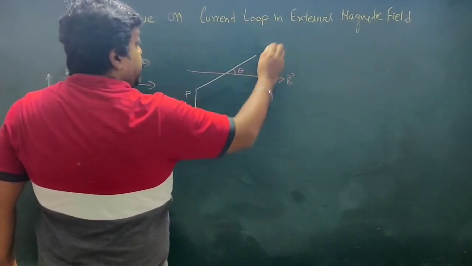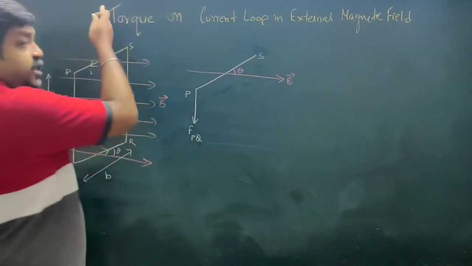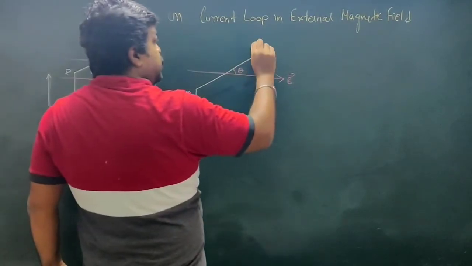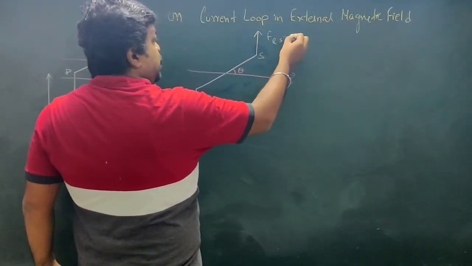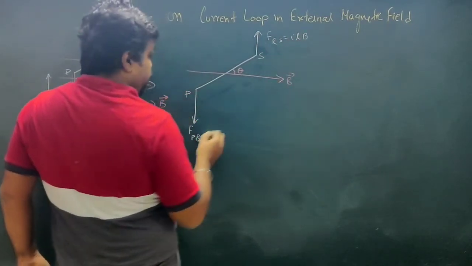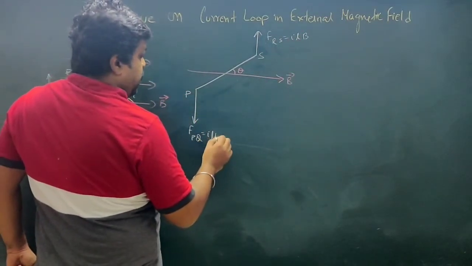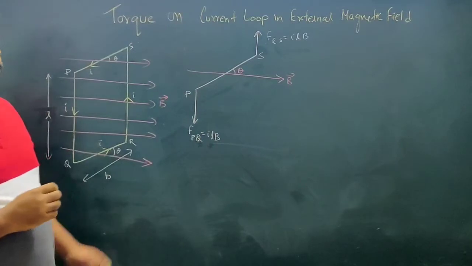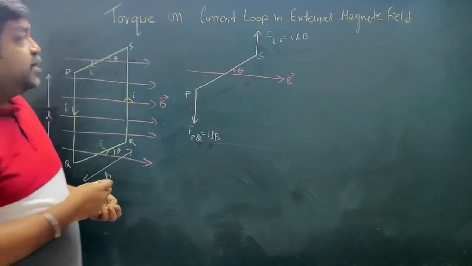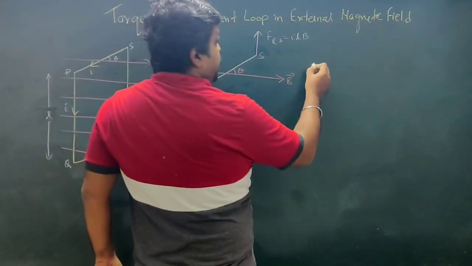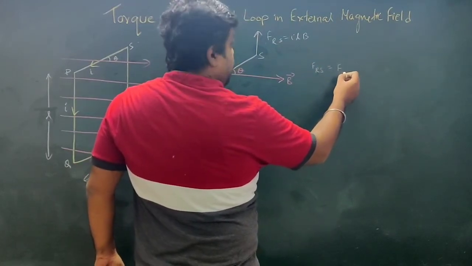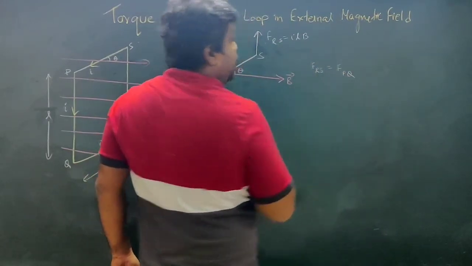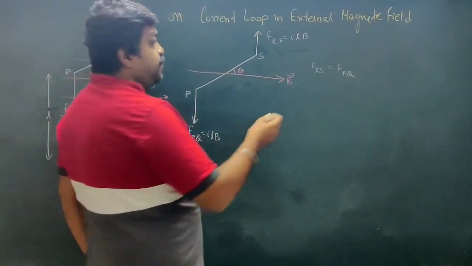Here for S, this part force is acting in the backward direction. So this is FRS. Okay, both the forces are equal in magnitude. FILB, FILB, but they have opposite direction. Okay, so here FRS is equal to FPQ in magnitude.